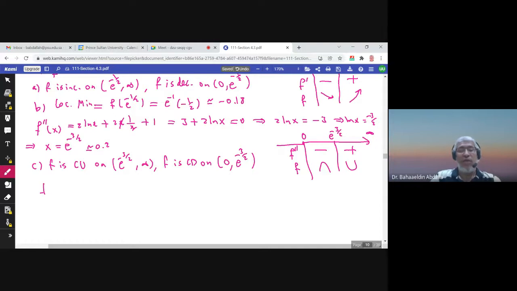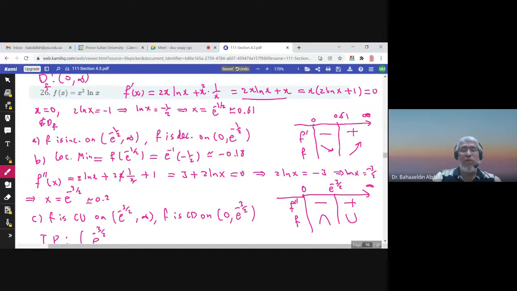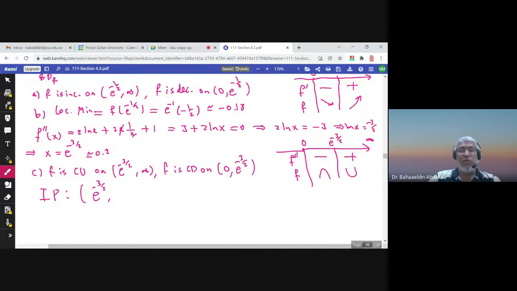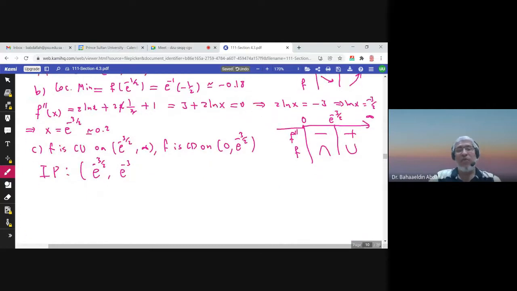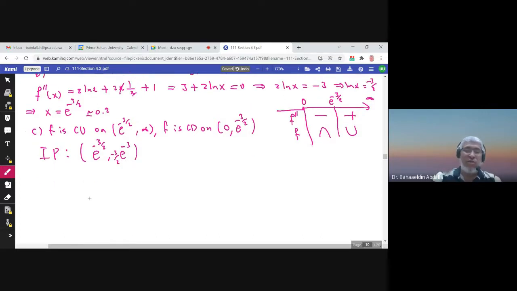And actually I have an inflection point, and the inflection point has coordinates e to the power negative 3 over 2 and f of e to the power negative 3 over 2. So if I raise it to the power 2, it would be e to the power negative 3, and ln of e would be negative 3 over 2. So that's why that's the inflection point.